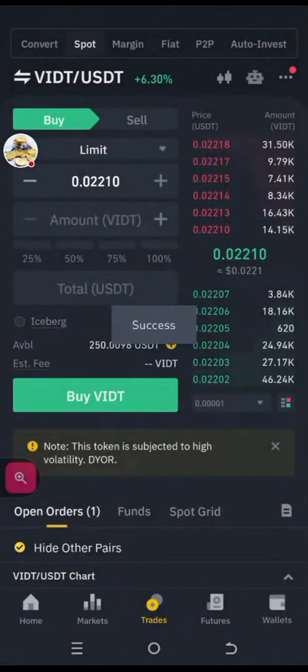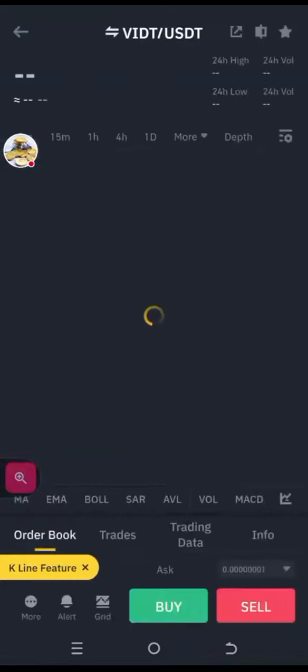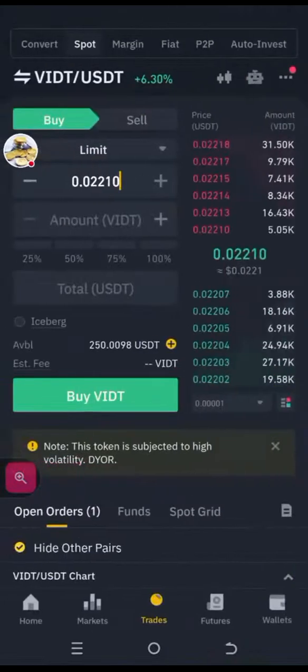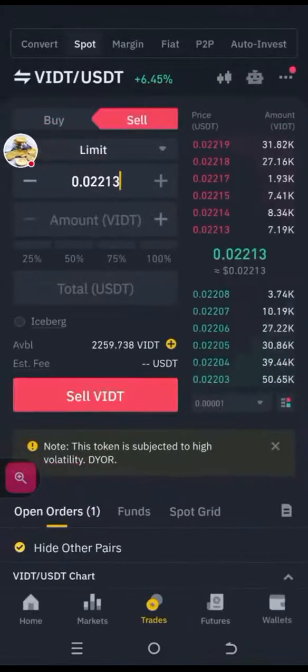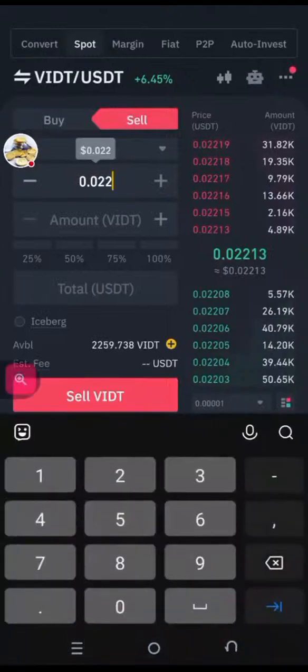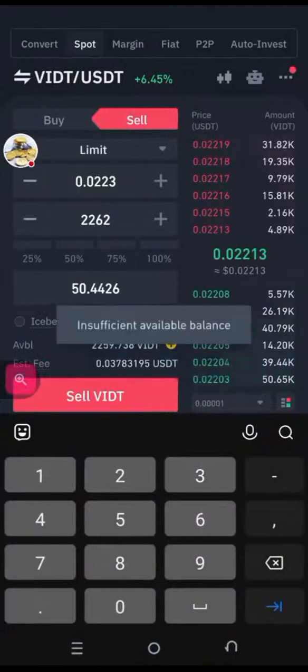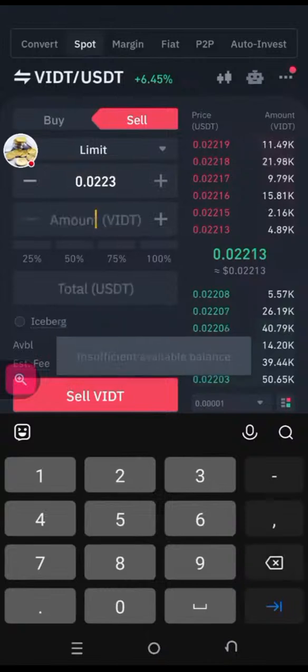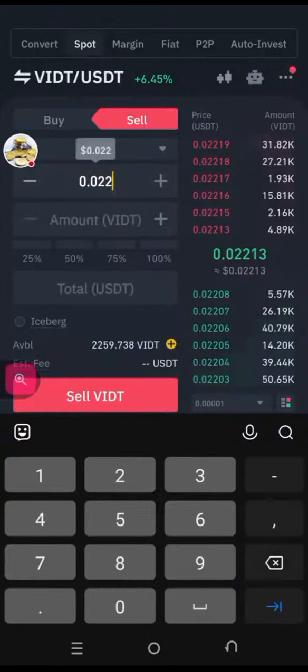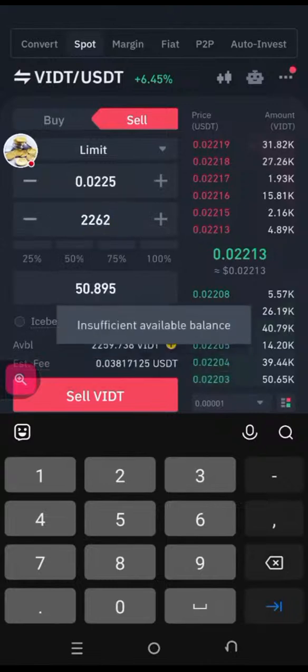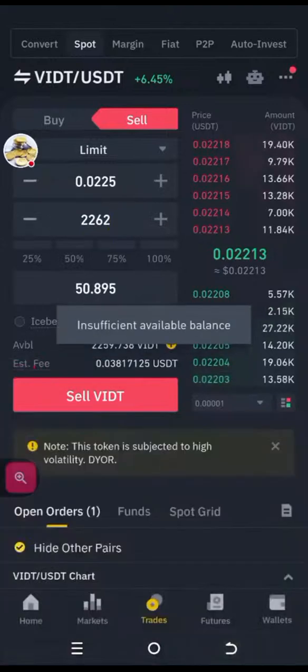Done, obviously. You can see the price automatically changes to 2210. So we go and try this out. VIDT, let's put it to 3 and let's see. Well, we're just testing it out anyway. 225. And let's see, 89 cents.